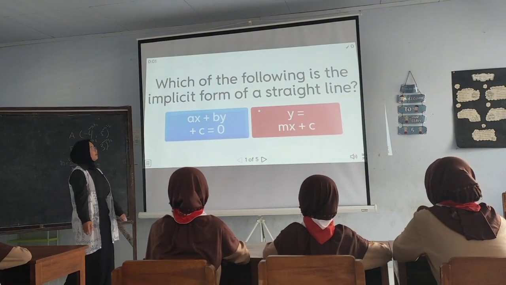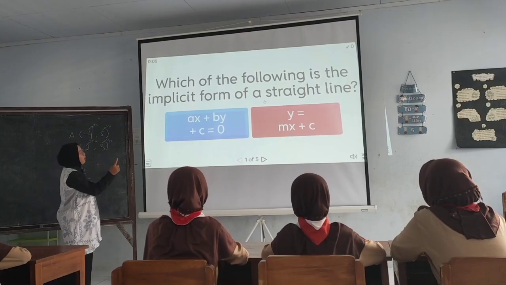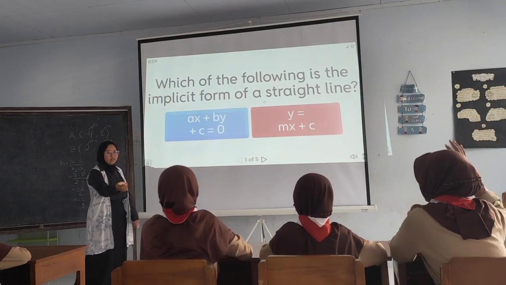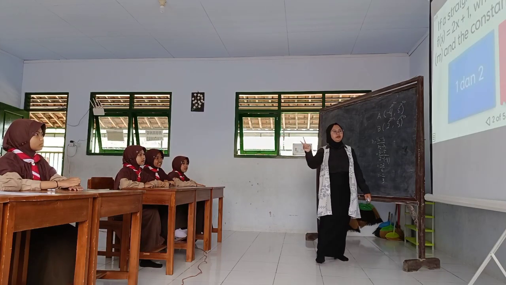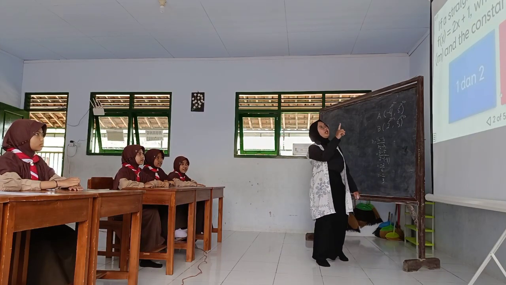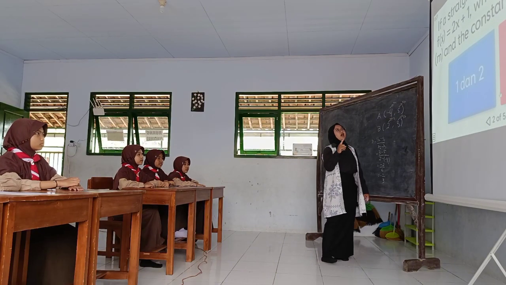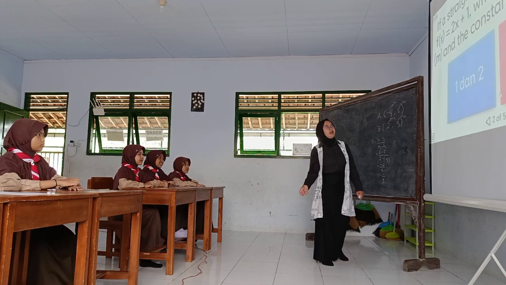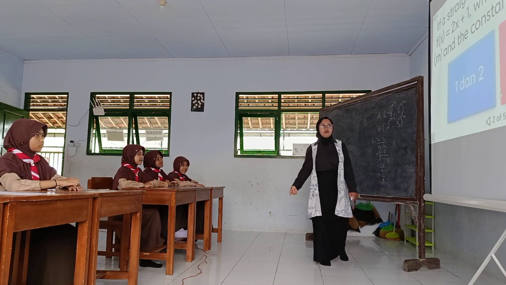Ready. Which of the following is the implicit form of a straight line? Okay? Blue. Blue, okay. Choose. If a straight line has the equation f(x) = 2x + 1, what are the gradient m and the constant respectively?